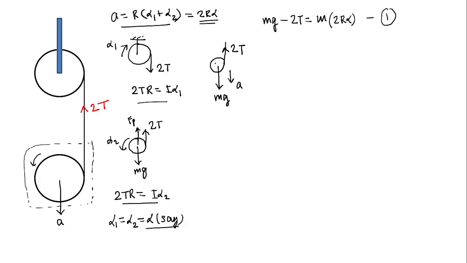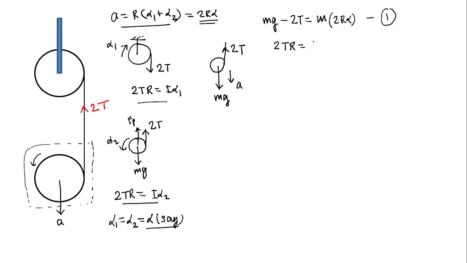Now if you see the rotation, we have already drawn the rotation part. The rotational equation gives 2TR, tau is equal to I alpha. Let us focus on the upper cylinder: 2TR is equal to I alpha 1. So here we can say 2TR is equal to I alpha.